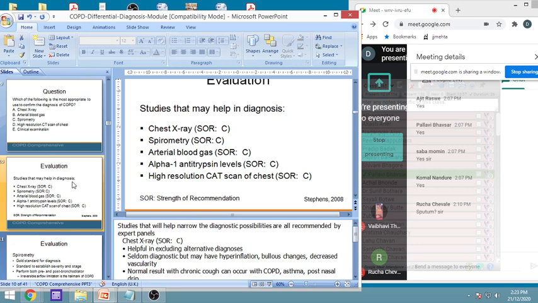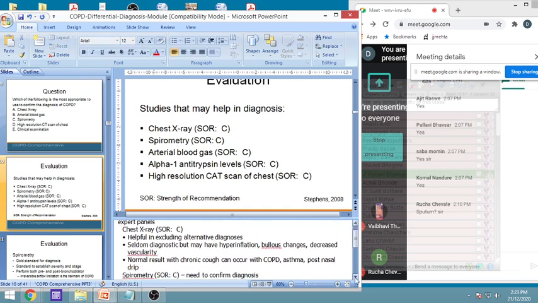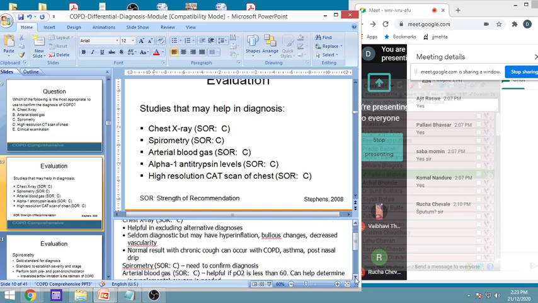So why are we doing the chest X-ray? It is helpful in excluding alternative diagnosis. Seldom diagnostic, but may show hyperinflation, bullous changes, decreased vascularity, or be normal. Chronic cough can occur with COPD, asthma, and postnasal drip.